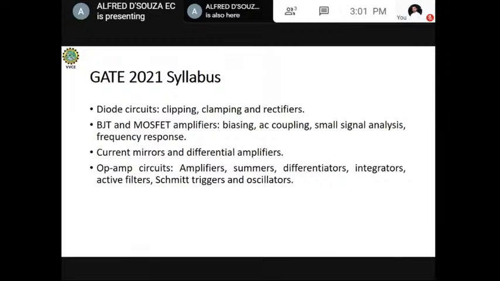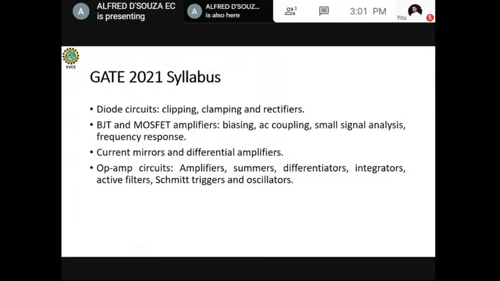So we have topics on diode circuits, in that clipping, clamping, and rectifiers. Then we have some topics from bipolar junction transistors and MOSFET amplifiers: their basic biasing, coupling, and small signal analysis, and also the frequency response.